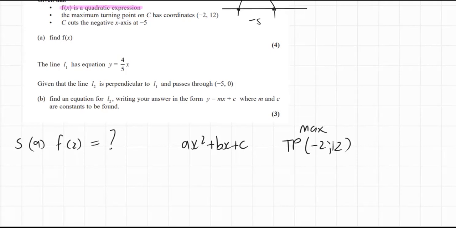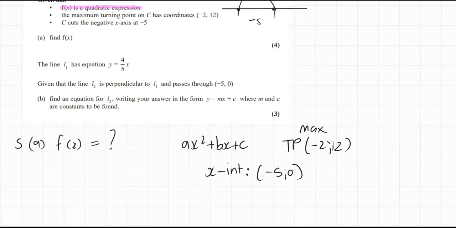Also, an x-intercept is going to be (-5, 0), one of the x-intercepts. So all of this information we can use to figure out our equation of f of x.